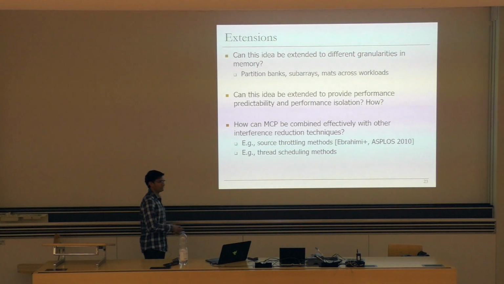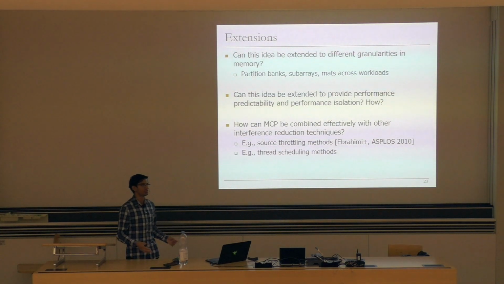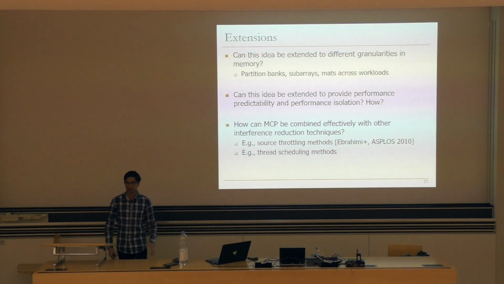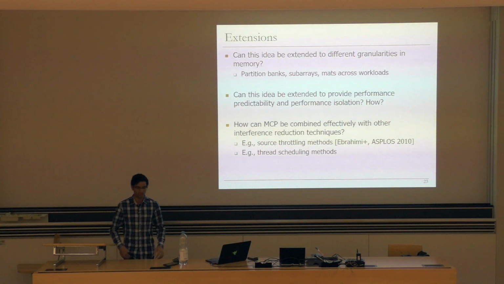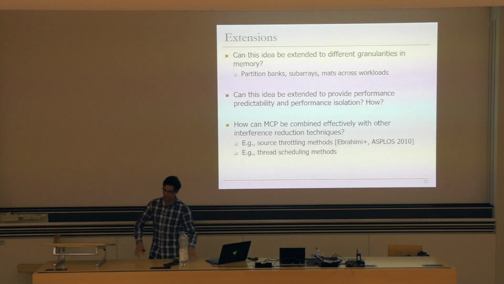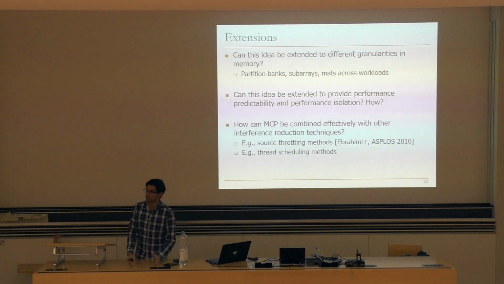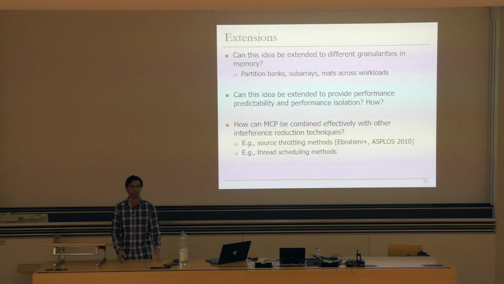Another category of solution for interference reduction is thread scheduling methods. As you can imagine, this has no hardware changes whatsoever. In the operating system scheduler logic, we can simply decide that these two applications have characteristics that work well with each other, and so we should always try to schedule them at the same time because we know they're not going to interfere with each other.